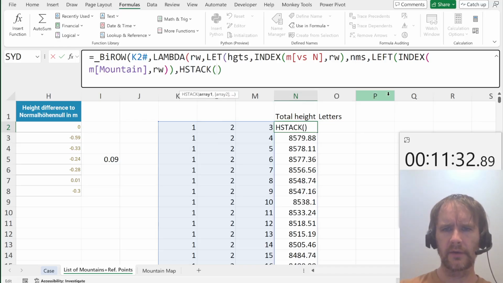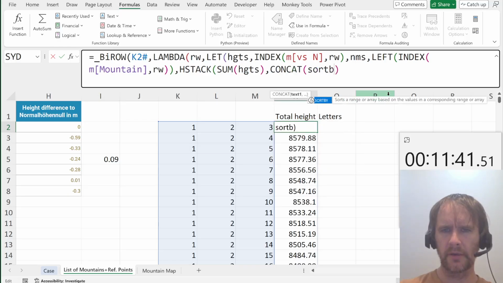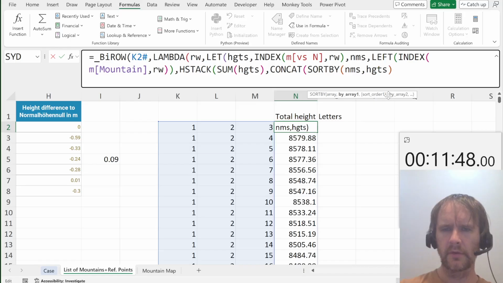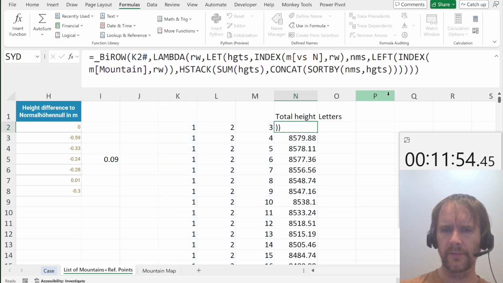Then I want to HSTACK the sum of heights with CONCAT SORTBY names by heights. And I need to check in a second if I'm sorting ascending or descending, but for now that looks okay.